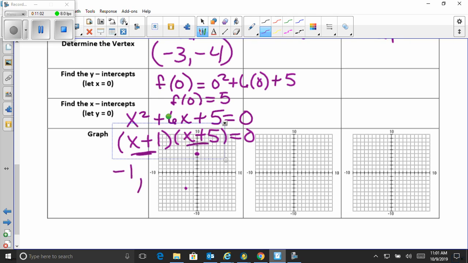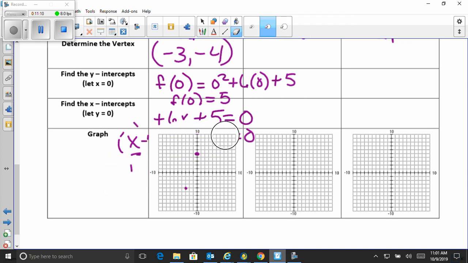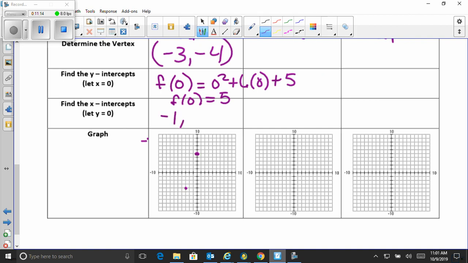And then what would make this 0 is -5. So those are our solutions: -1, -5. Graph those, and that's enough to make the graph.